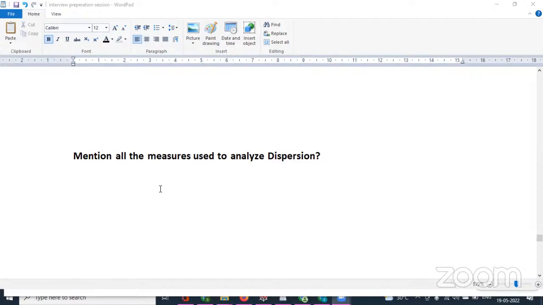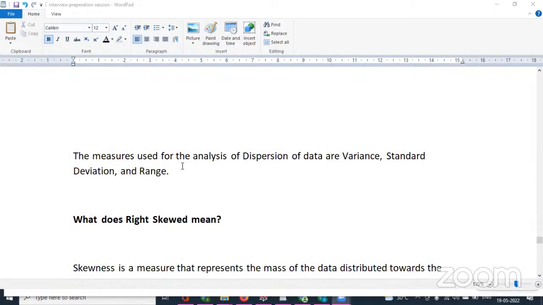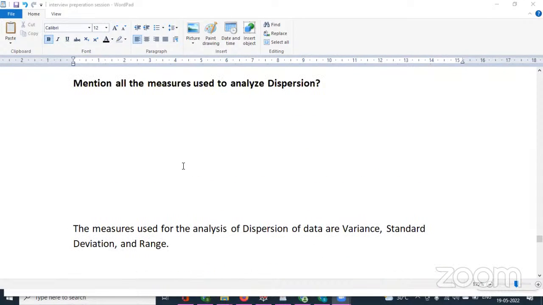Okay, let's discuss the answer for this question. The measures used for analysis of dispersion are variance, standard deviation, and range.